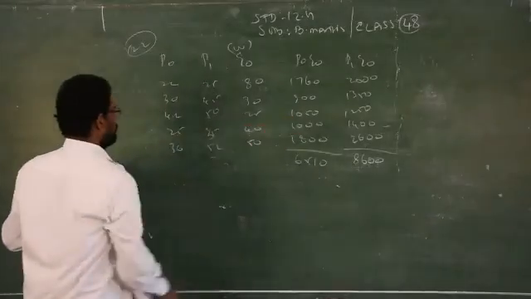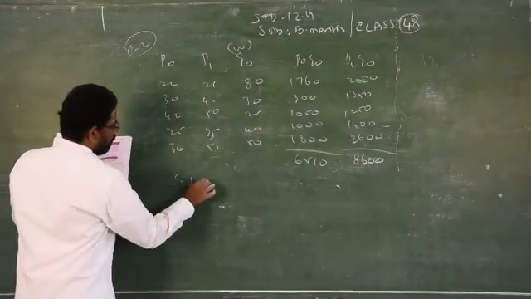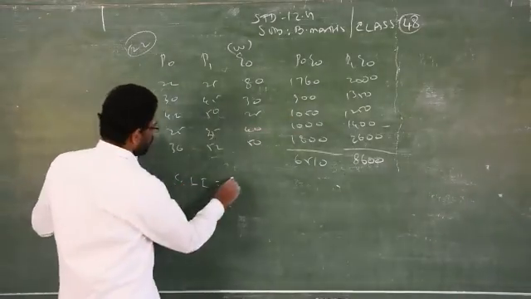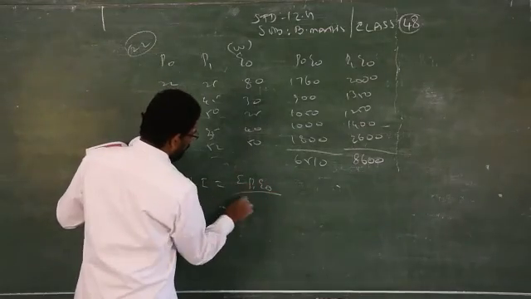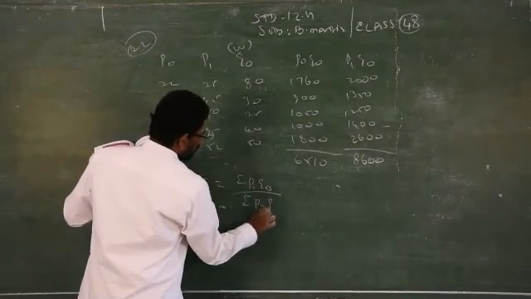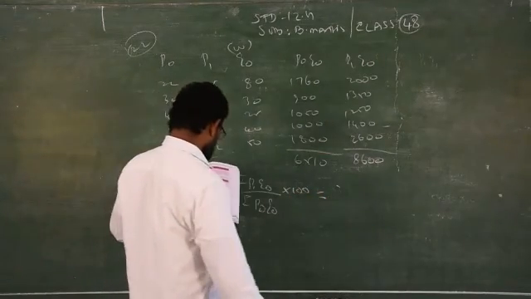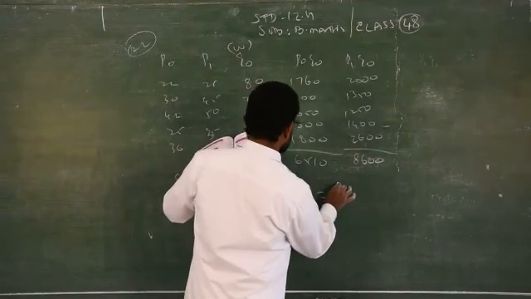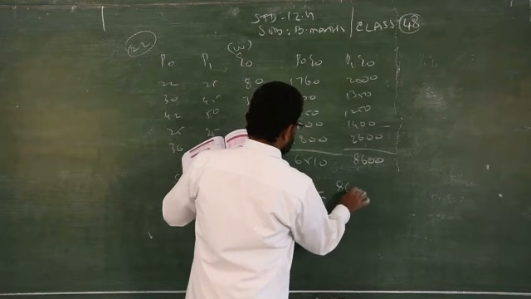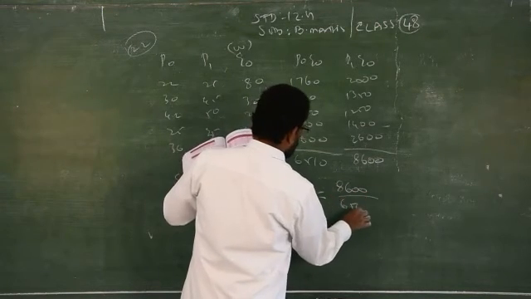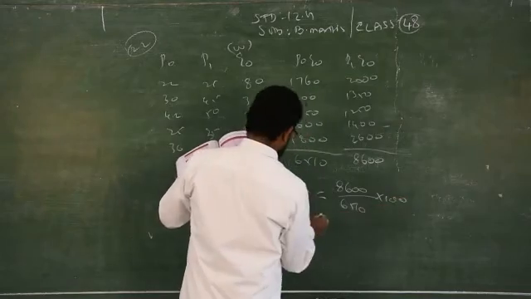So you have to check by using the CLI formula for the aggregate expenditure method, that is summation P1 Q naught by summation P naught Q naught into 100, that is Laspeyres formula. Just substitute: 8600 by 6510 into 100.